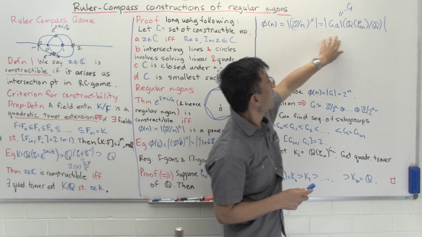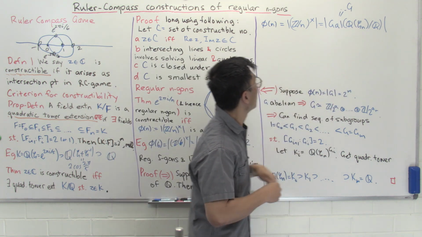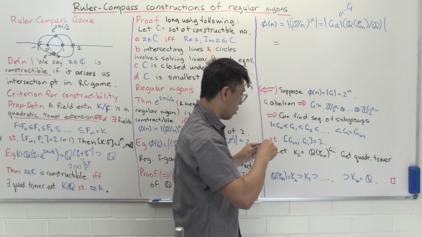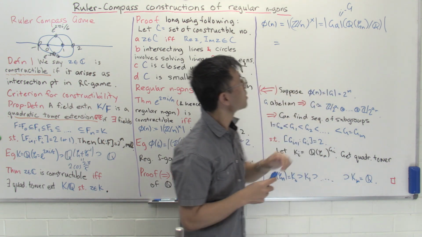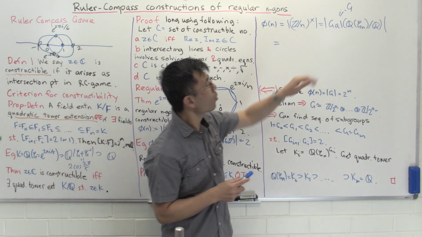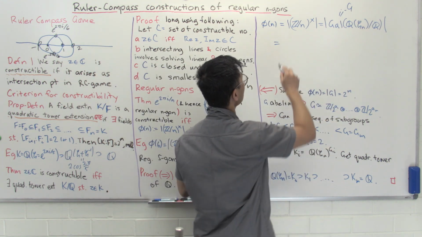And since you have that, the order of this Galois group is going to be what? This is a Galois extension, and the order of that Galois group is just the degree of the field extension.